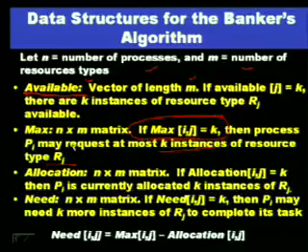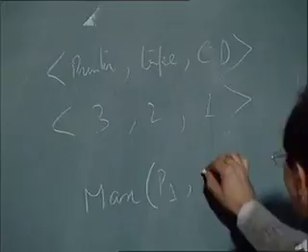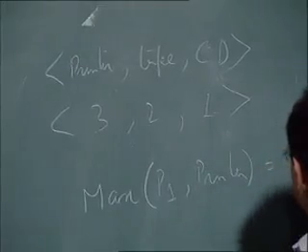That means, this is my process, this is my resource type. Let us say my process is P 1 and the resource type is printer. Let us say it looks for 2.